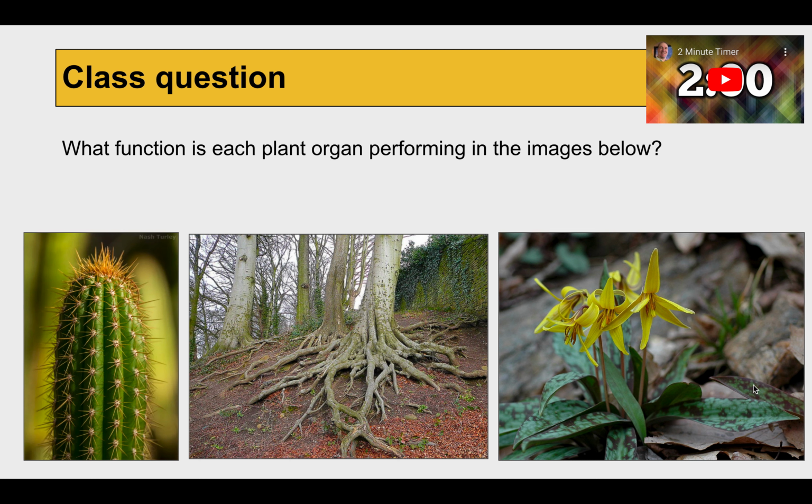In this case, the stem is playing a main role in photosynthesis. Right? And you might also notice there are spikes on the plant. Yes, spikes are used for protection. And these spikes are actually the leaves of the plant. They're modified leaves, which is not the type of leaf you might think of when you think about a leaf.